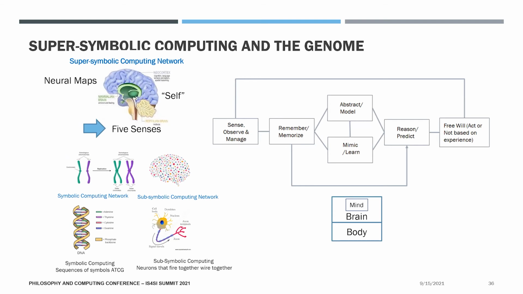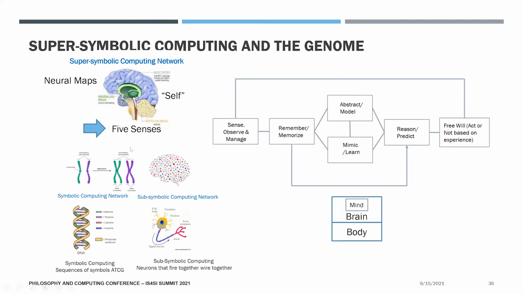And here is your super symbolic computing. I'm comparing this with how the actual brain works. The brain also has symbolic computing at this level, because all your symbols are A, T, C, G, and that is the DNA. It is grouped into chromosomes, and then there is the sub-symbolic computing neural network, and the five senses go through the cortical columns.